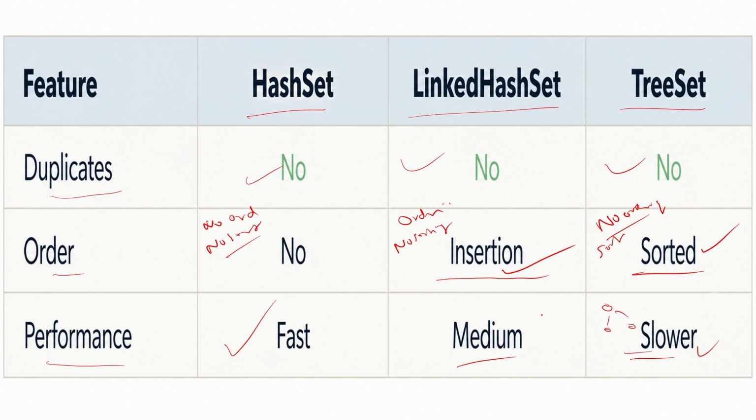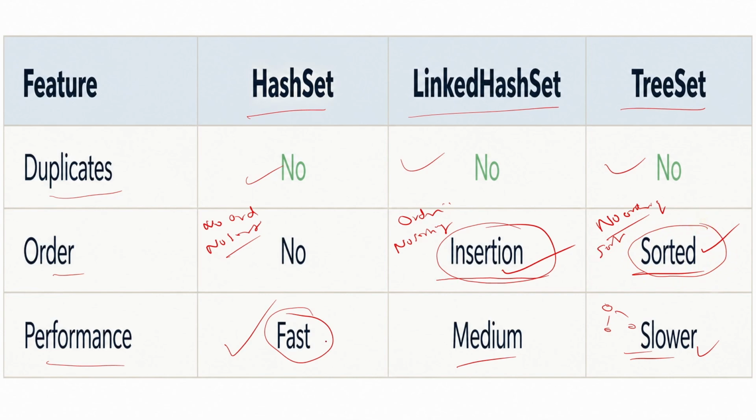So HashSet is best for speed, for fast operations. LinkedHashSet is best for remembering insertion order, it preserves insertion order. And if your requirement is for sorting, then you should go for TreeSet.